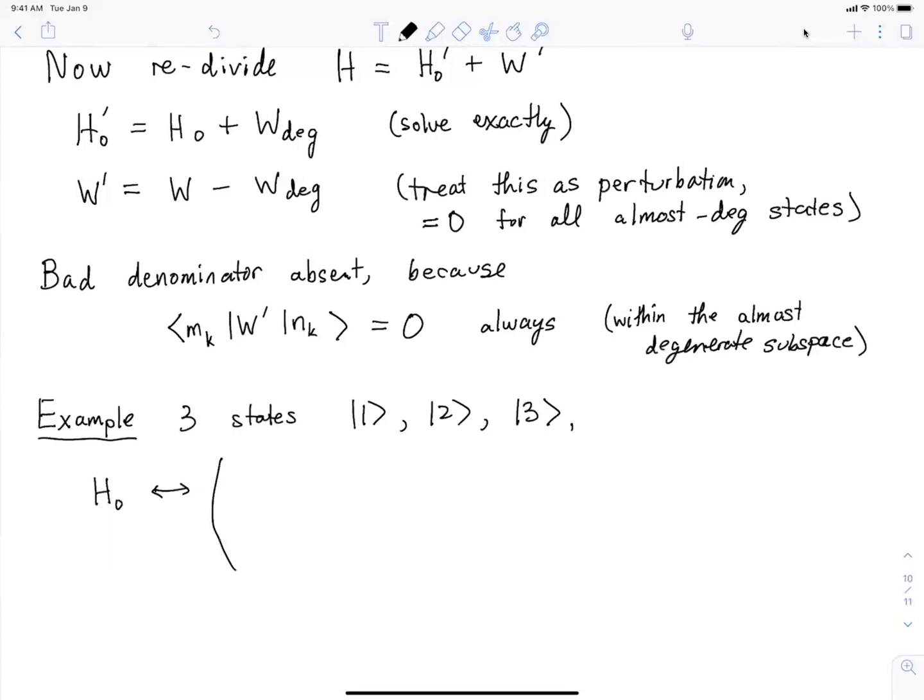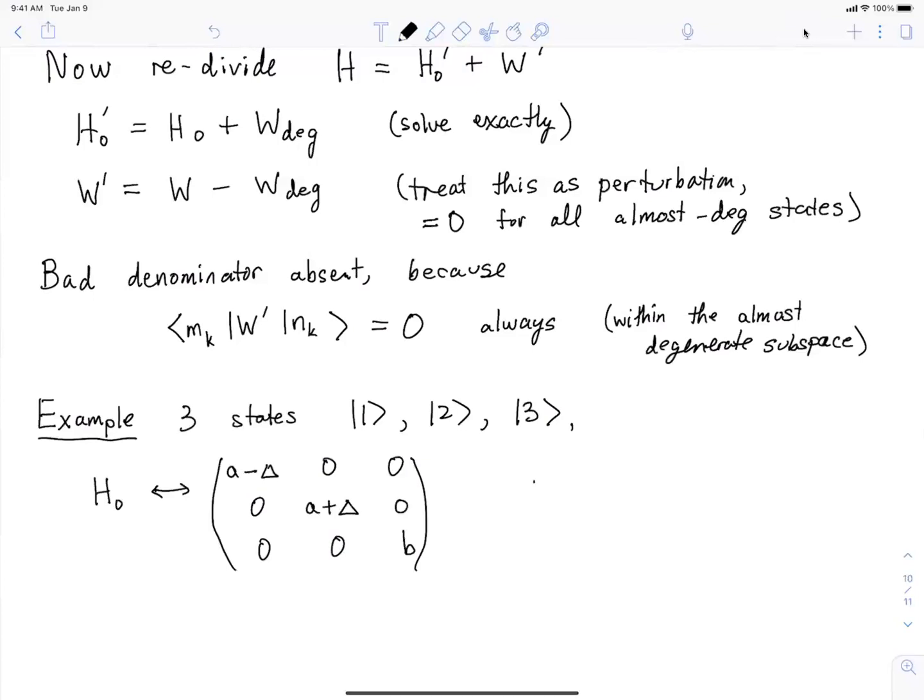I'm going to make it diagonal, and on the diagonal, I'm going to call it A minus delta, A plus delta, and B. And the delta is supposed to be small. So in the limit where delta is very small, the two eigenvalues A minus delta and A plus delta are almost degenerate. Okay, and then I put zeros everywhere else.